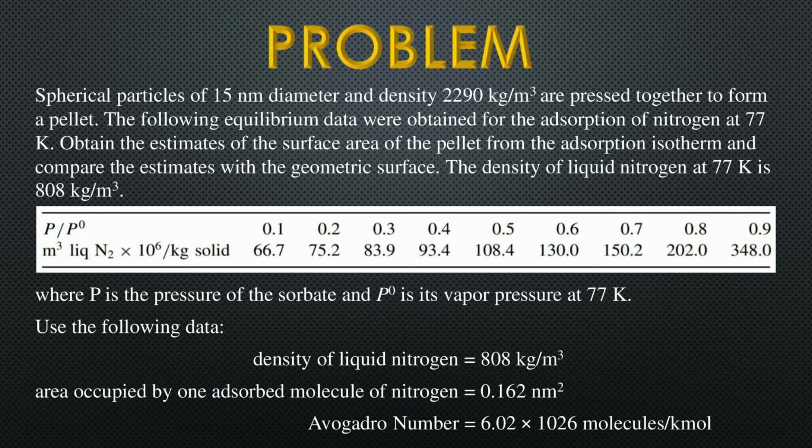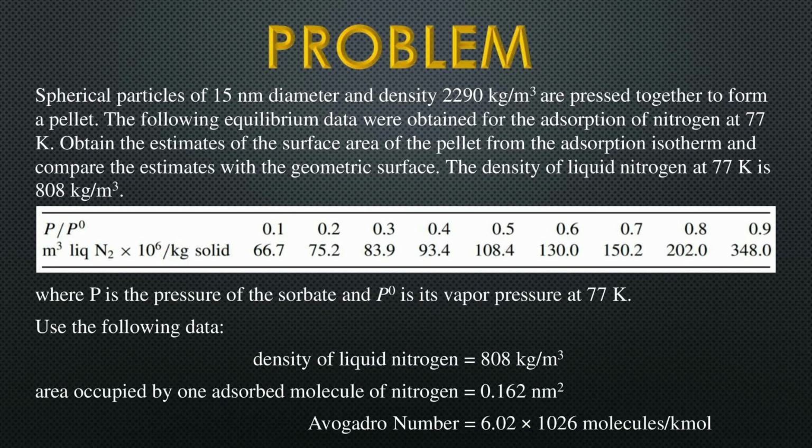We now have the sample problem we are going to solve. Spherical particles of 15 nanometer diameter and density of 2,290 kg per meter cube are pressed together to form a pellet. The following equilibrium data were obtained for the adsorption of nitrogen at 77 Kelvin. Obtain the estimates of the surface area of the pellet from the adsorption isotherm and compare the estimates with the geometric surface.